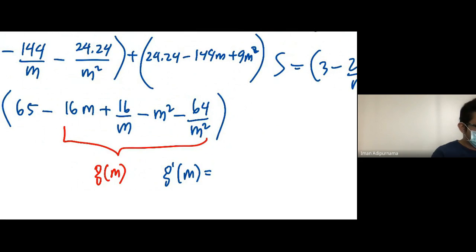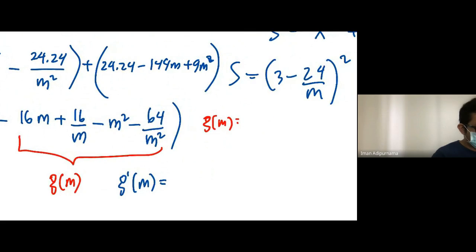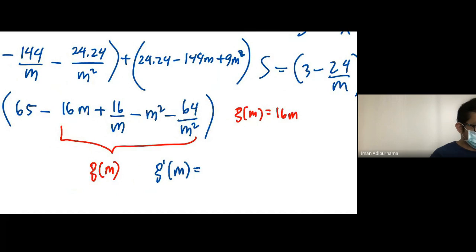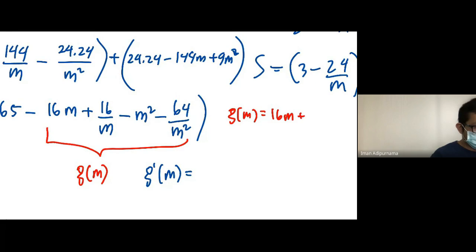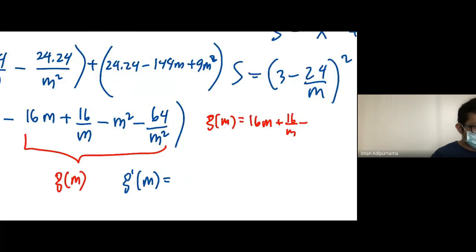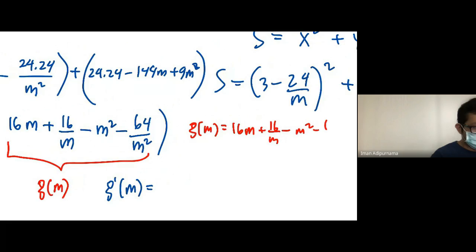So g is 16m plus 16 over m minus m squared minus 64 over m squared.